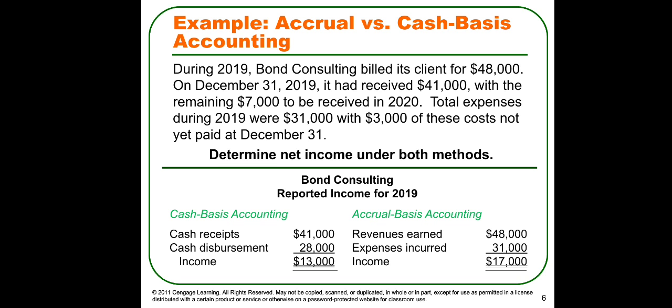So remember that. And the second thing is, according to accounting standard, the only acceptable method of recording is the accrual basis accounting. For financial accounting, we have accounting standard.